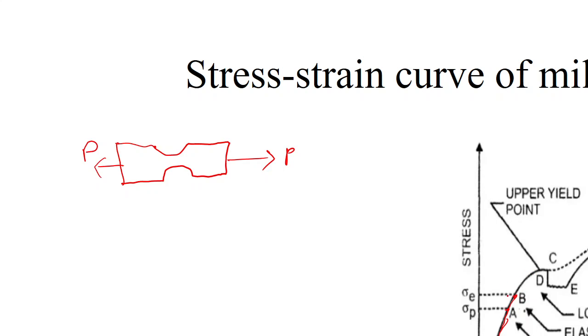After the elastic limit we have the upper yield point, and this upper yield point and the lower yield point are specific to mild steel, because you can see the serrations here. This is due to the Cottrell atmosphere generated inside the mild steel specimen.